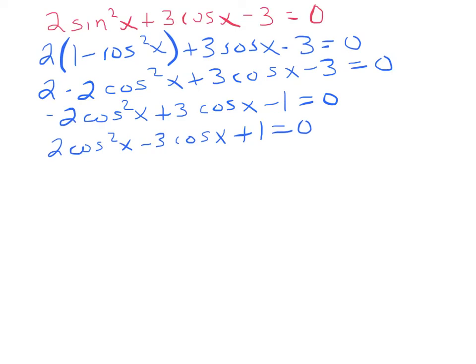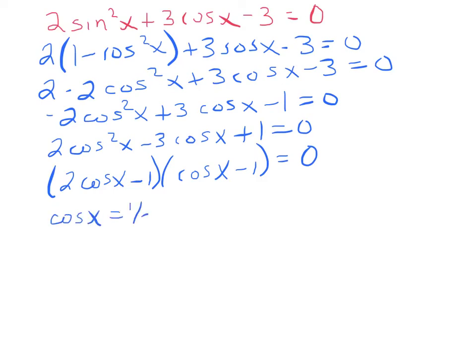And now, once I do that, now I can factor. 2 cosine of x minus 1 and cosine of x minus 1 equals 0. So when I split them, this would give me cosine of x is 1/2 and cosine of x equals 1 if I set them equal to 0 and then just get the cosines by themselves. Okay.